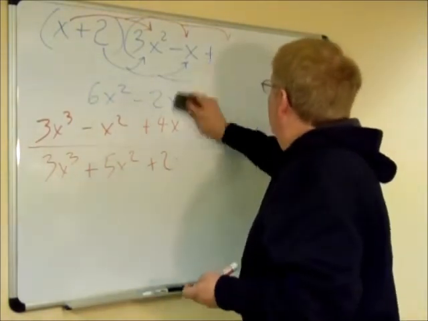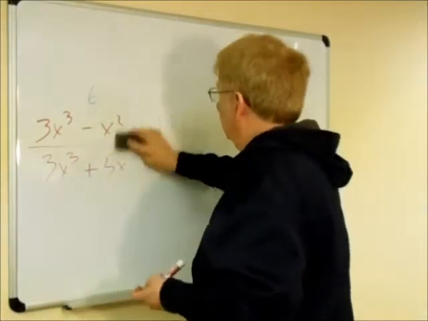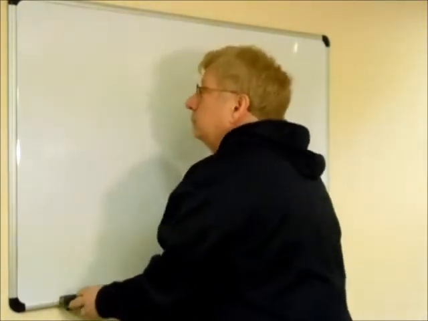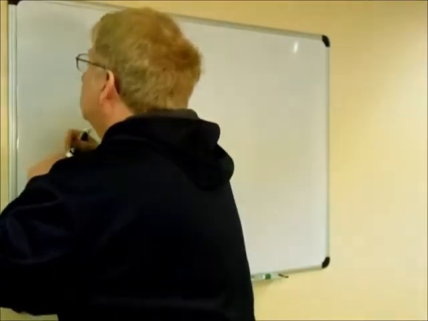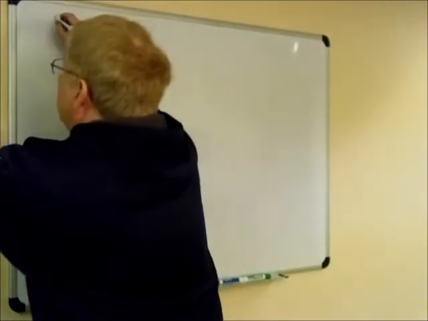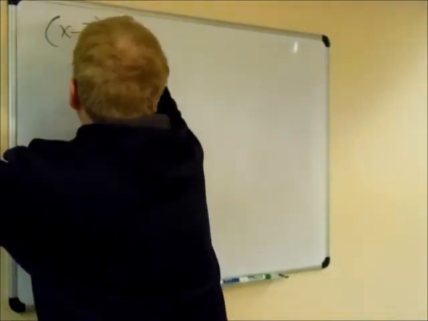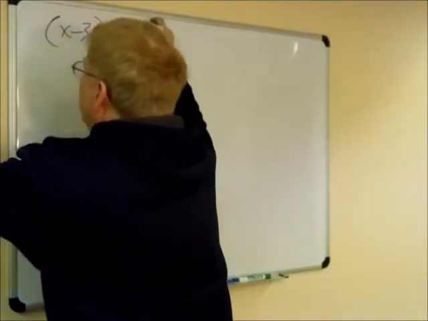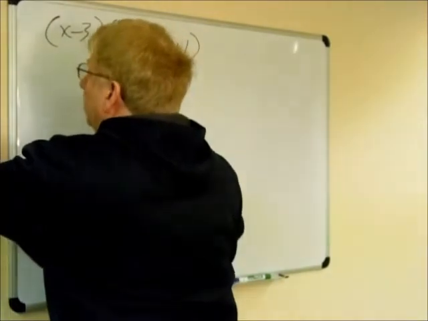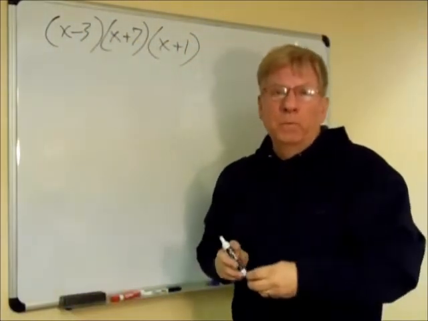Okay, let's go on to another example. Let's say we have x minus 3 times x plus 7 times x plus 1. We have 3 binomials, all times each other.